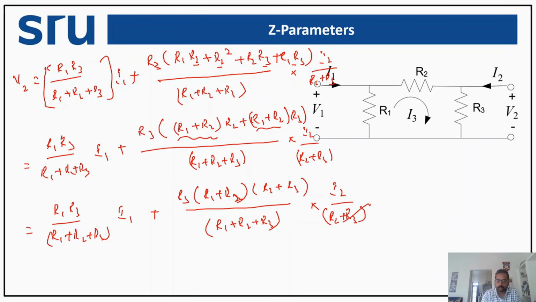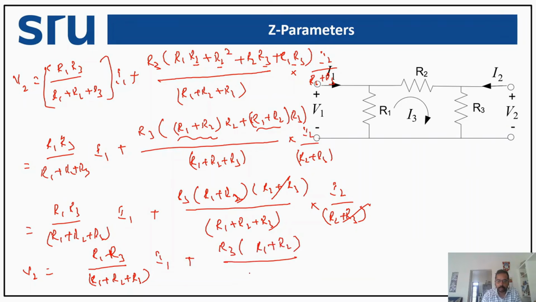So this R2 plus R3 gets cancelled. So we are going to have V2 is equal to R1 R3 divided by R1 plus R2 plus R3 into I1 plus R3 into R1 plus R2 divided by R1 plus R2 plus R3 into I2. So as I said, this will be my Z21 and this will be my Z22.